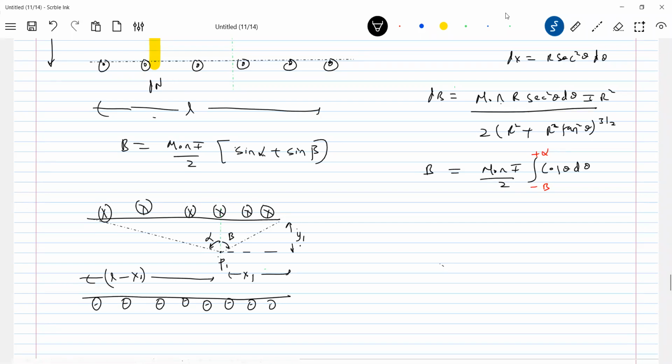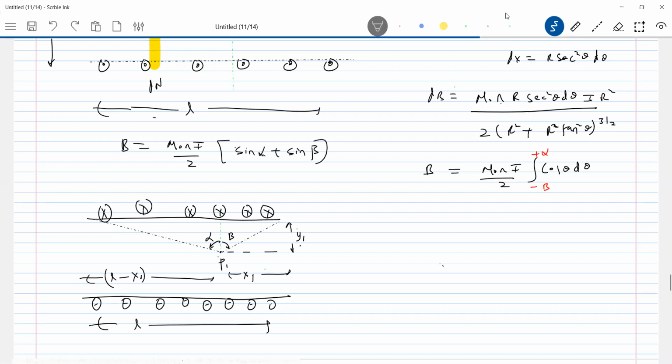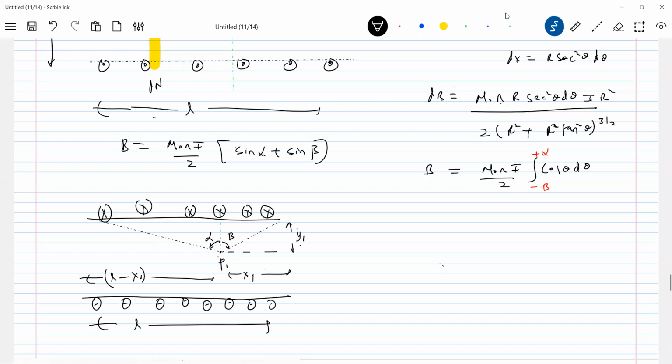So how to calculate beta? You locate the point P1, the length of the solenoid is L, and calculate this distance y1. From y1 and x1, you'll get beta. Similarly calculate alpha, because L minus x1 we can calculate from here. So substitute in this formula, you'll get the field.